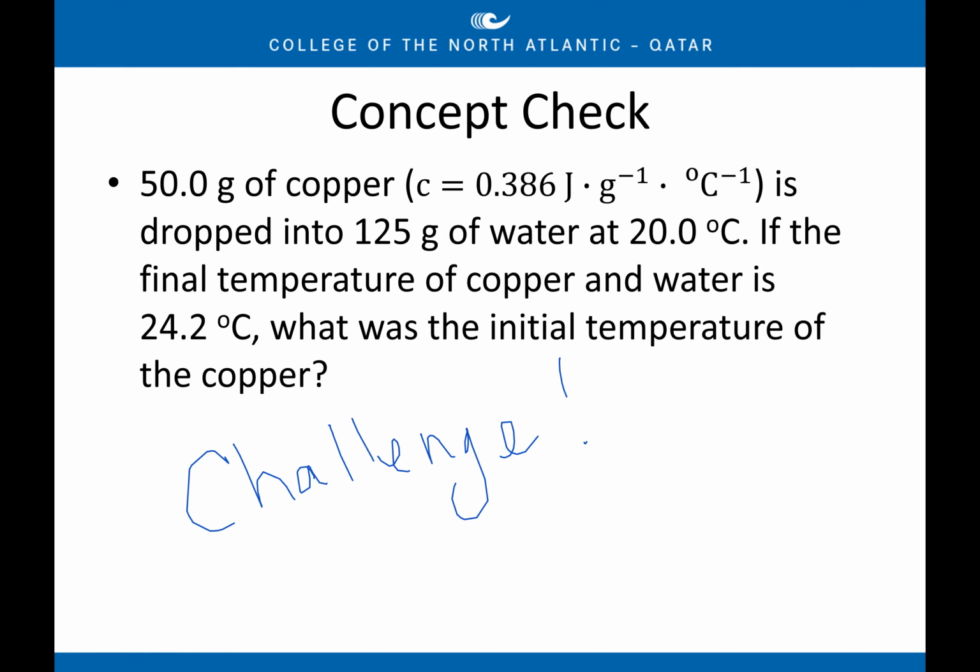Take all this knowledge and try to do this question without looking at the answer. Again, I feel this is probably a little too crazy for a test, but it's a good challenge question. There's my evil face. This is a good, hard question.